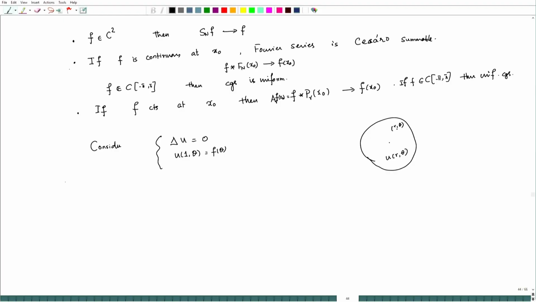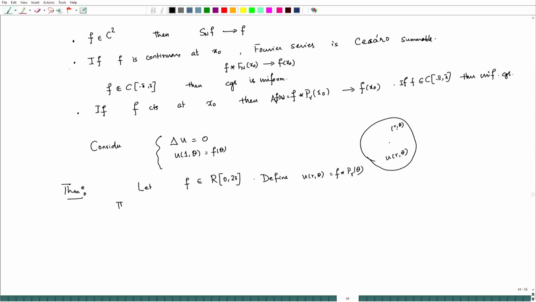Now, let us try to solve this. Then I have the theorem: let f belong to the Riemann integrable functions on 0 to 2 pi, that means periodic and Riemann integrable. Define u of r theta equal to f convolution of P_r of theta.